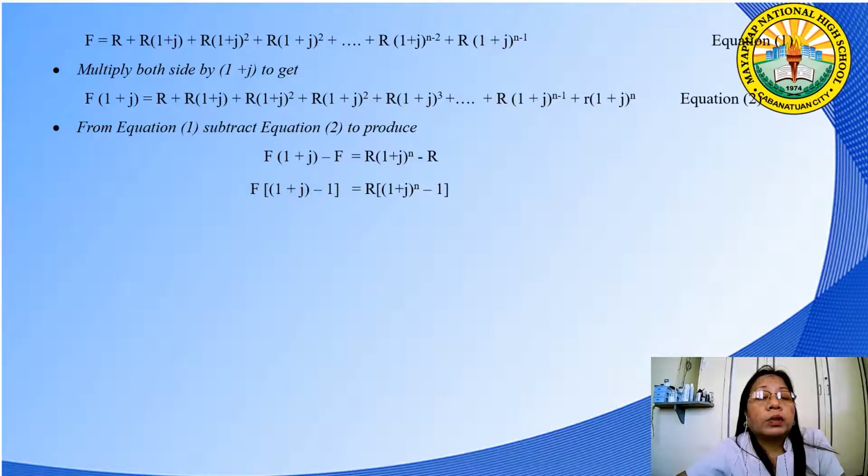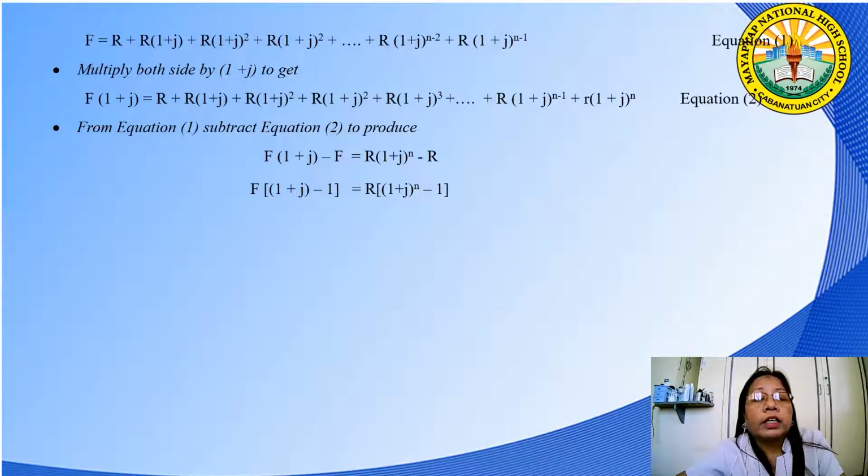So that becomes F multiplied by the quantity 1 plus j minus 1 equals, here on the right side, the common factor is R. So divide each term by R to get the other factor: R times the quantity 1 plus j raised to n divided by R, so that becomes 1 plus j raised to n, minus R divided by R is 1.